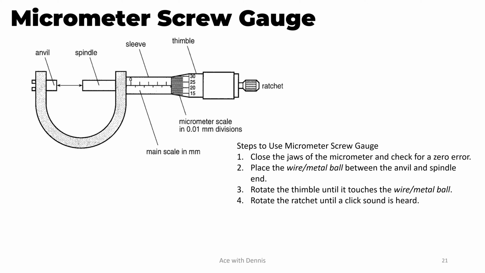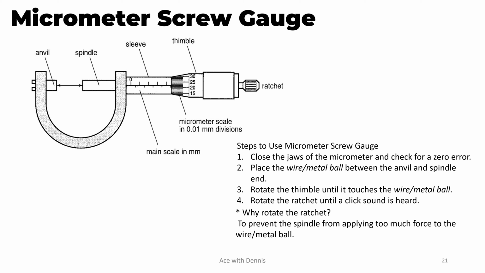And the last step, we rotate the ratchet until a click sound is heard. Why rotate the ratchet? It's because we want to prevent the spindle from applying too much force to the wire or the metal ball. When the thimble rotates one round, there is 0.50 mm movement on the spindle.